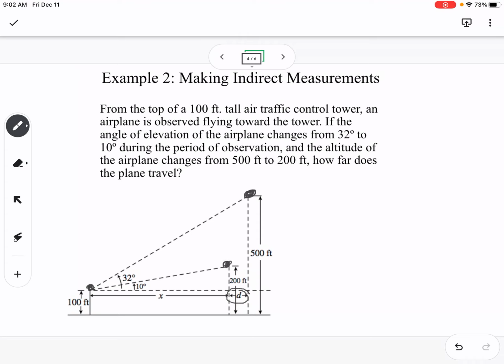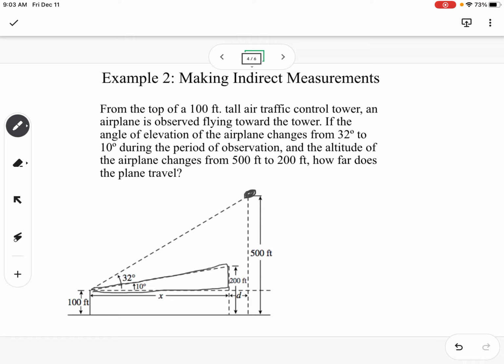What we want to look at is that we have two different right triangles. The first one I'm going to look at is this one right here. If this whole height is 200, we have to subtract out the height of the air traffic control tower.